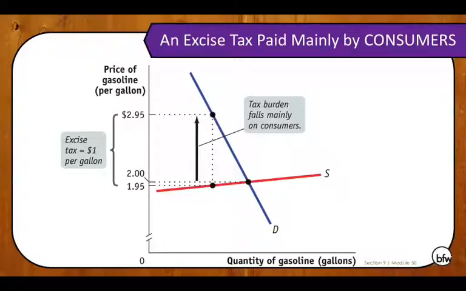Now they're paying $2.95, but because of the dollar tax, sellers only receive $1.95 for each gallon of gas sold. But because demand is relatively inelastic and supply is relatively elastic, you can see that 95 cents of the tax will be paid by buyers and only 5 cents of that dollar tax will be paid by sellers.